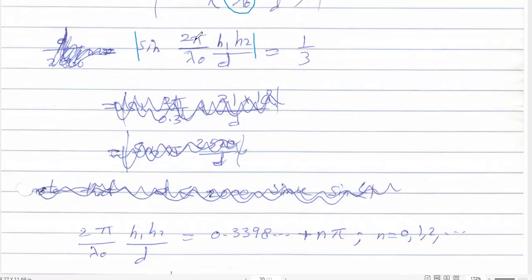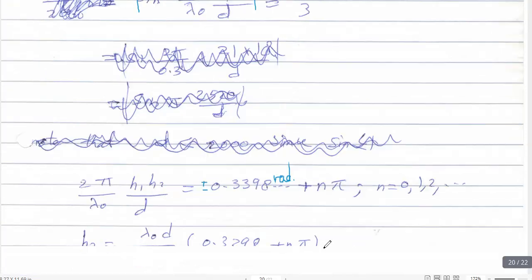The argument, the angle 2 pi over lambda naught times H1 H2 over D, should be equal to plus or minus 0.339 radians, plus n pi.